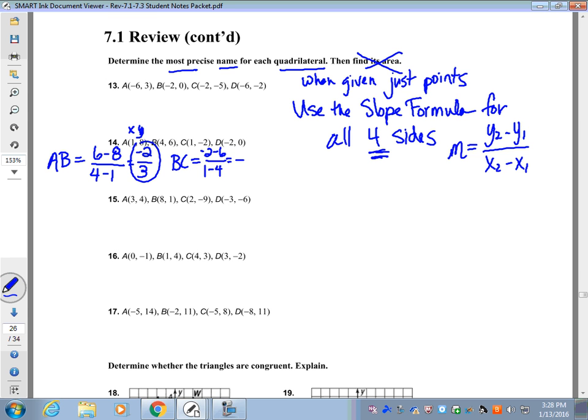Negative 2 minus 6 will leave me with negative 8, and then 1 minus 4 gives you negative 3. But what happens when you have a negative on top of a negative? It becomes positive. So this answer actually is 8 over 3. Make sure you pick the right answer choice. That will happen on the test tomorrow, so make sure you change it to a positive.